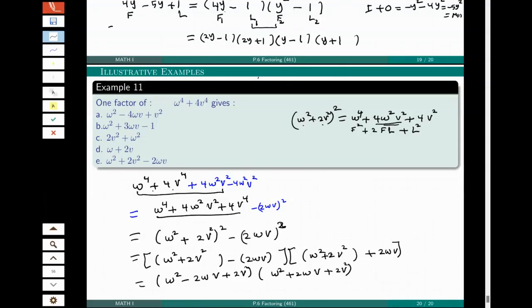Again, here it will be 2v squared. The omega squared minus 2 omega v plus 2v squared.